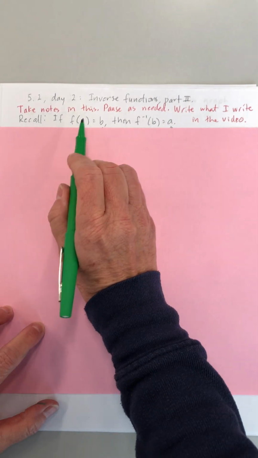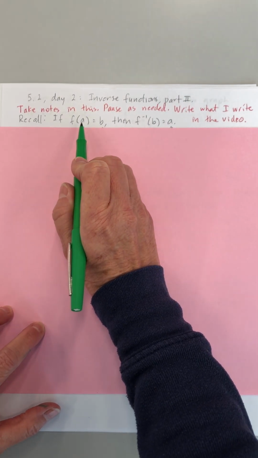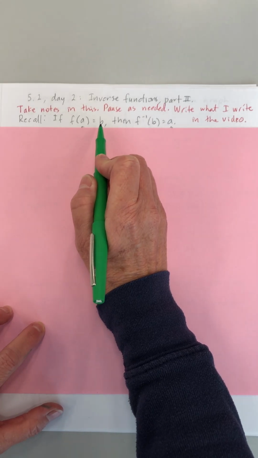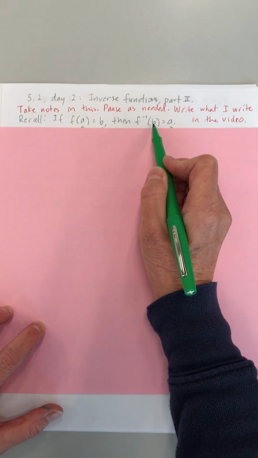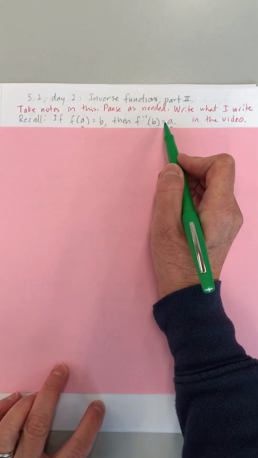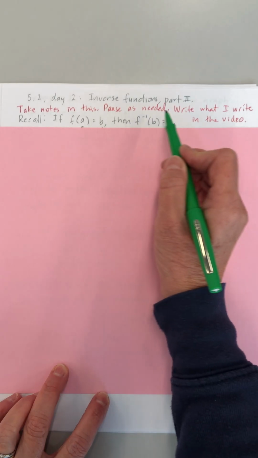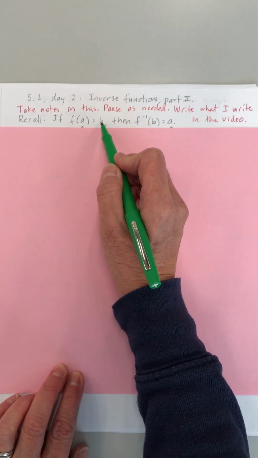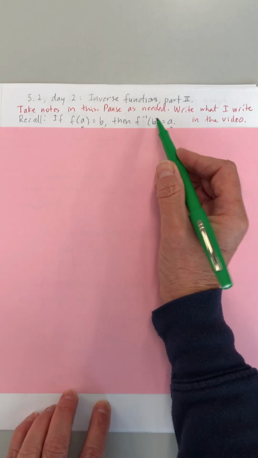So recall from the last class that if f of a is equal to b, so if we plug a in for x in the function and get b as the output, what it means is that if we plug b into the inverse, we're going to get a as the output. Okay, so if a goes into f, it comes out of f inverse. If b comes out of f, it goes into f inverse.